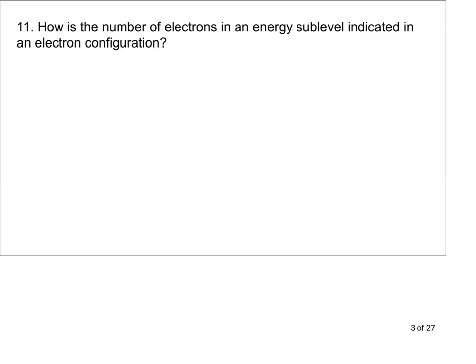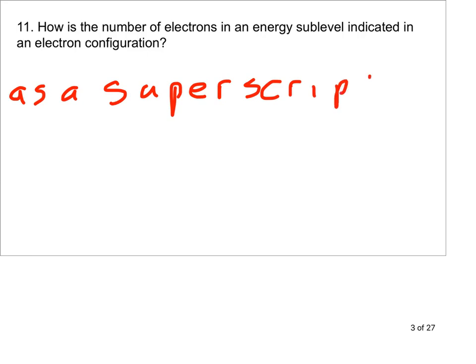Number 11 has the number of electrons in an energy sublevel illustrated as a superscript on the sublevel.